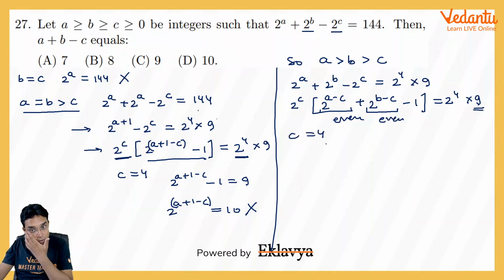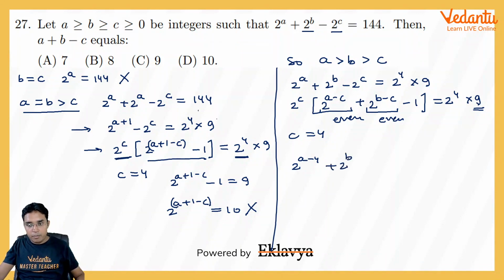So what we are going to get here is 2^(a−4), as we have found c to be 4, plus 2^(b−4) is equal to 10. Or let me write this as 2^a + 2^b, and multiply by 2^4 on both sides, so it will become 160.